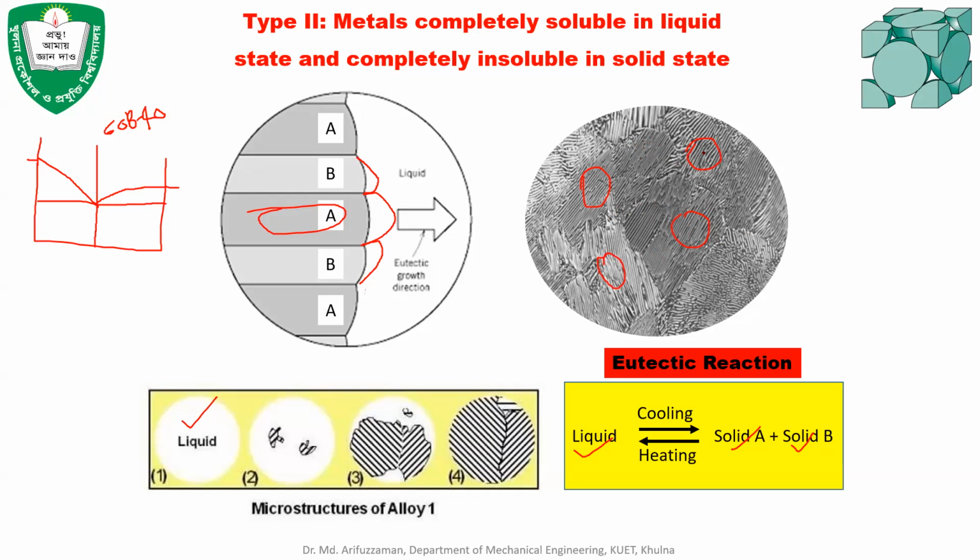In that case, the crystals of pure metal A have a different mechanical property. Let's say pure metal A has an elastic modulus of 200. Okay, and when metal A and metal B are mixed together, that might have a modulus of elasticity, let's say 400. When these two crystals are combined together, then you will have a different elastic modulus, and that might be like 300. Okay, so a different mechanical property can be obtained.